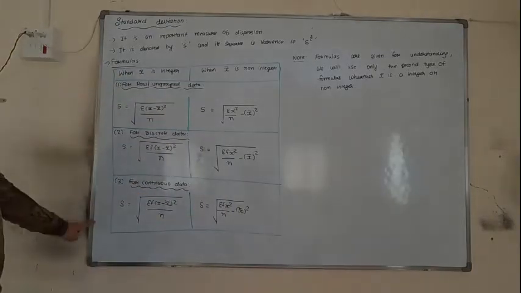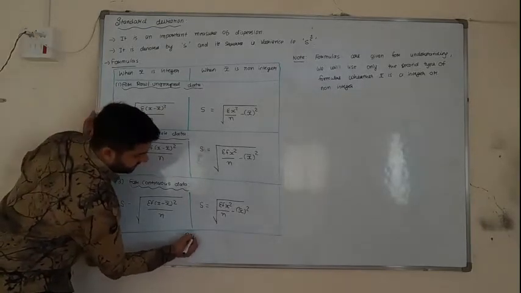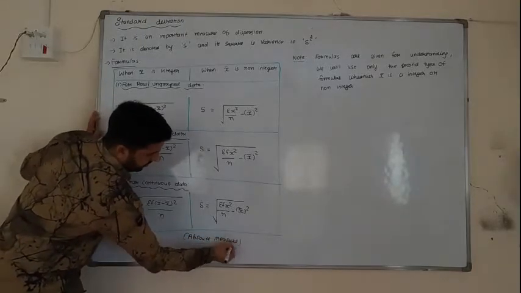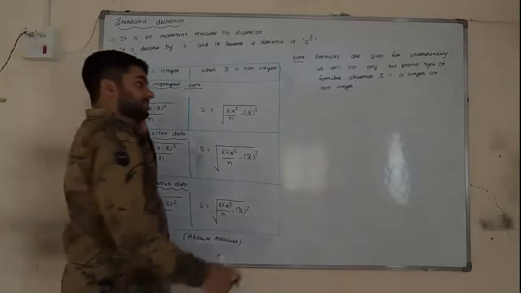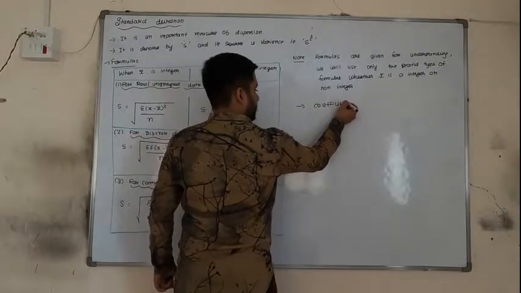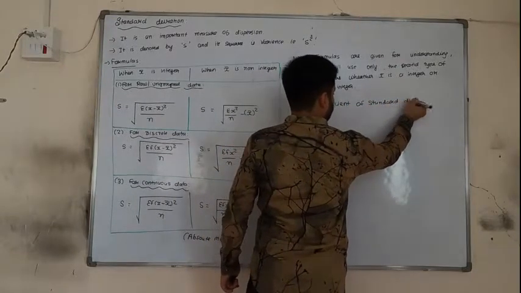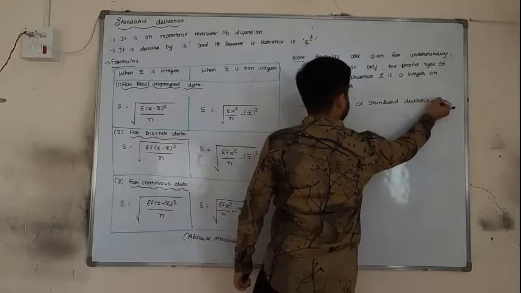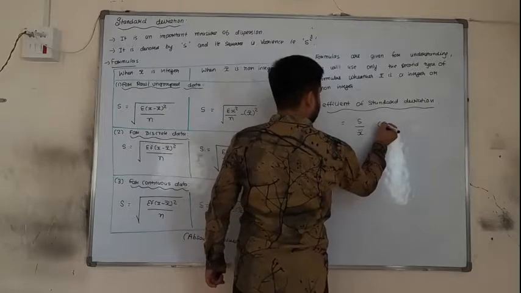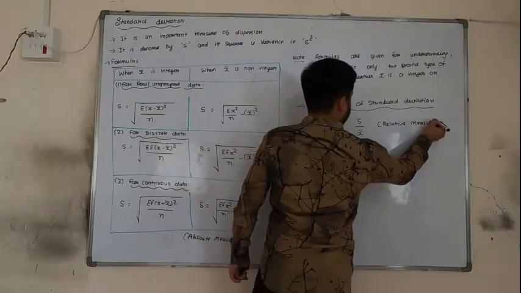Okay. So this was absolute measure. Now relative measure. So I will write here absolute measure. All these are absolute measure. Now relative measure. Coefficient of standard deviation is equals to S by x bar, and I will write here relative measure.